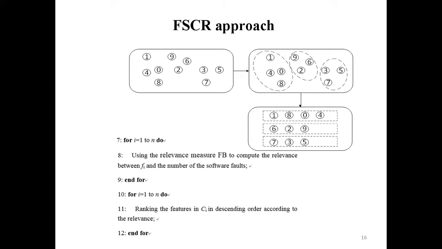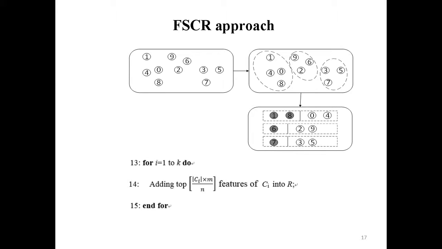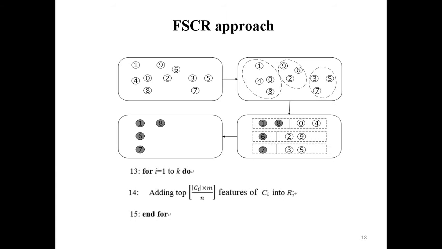Next, we use the relevance measure to compute the relevance between every feature and the number of software faults. Then, we rank the features in every cluster in descending order according to the relevance. At the last, we add the top features of every cluster into the feature subset.